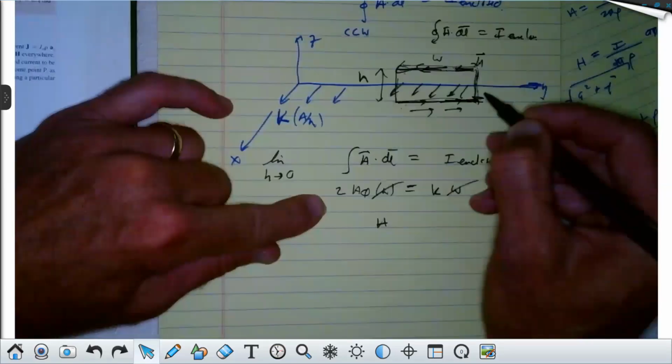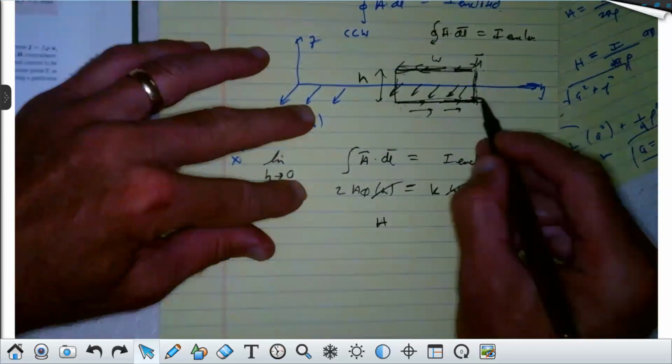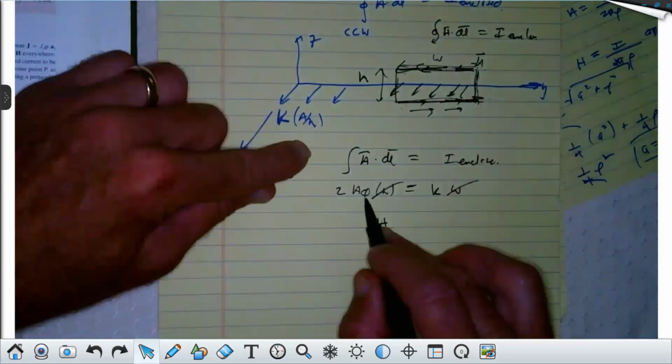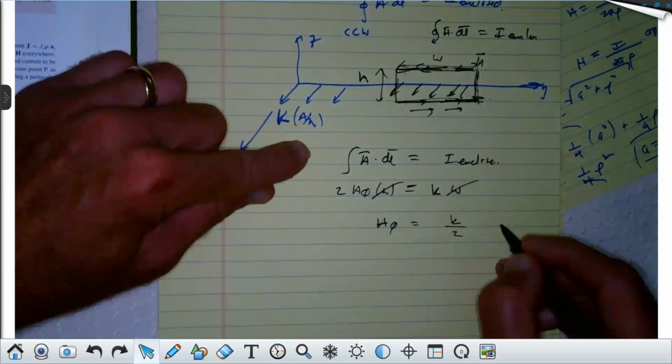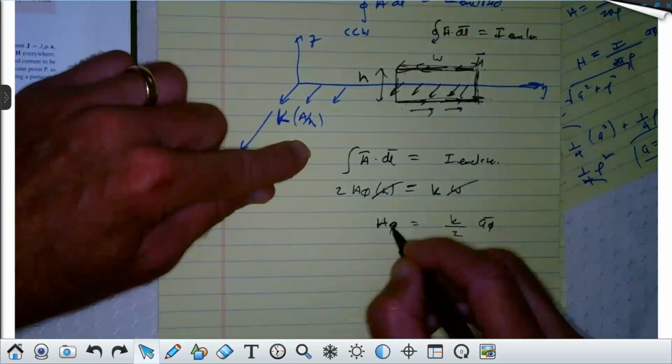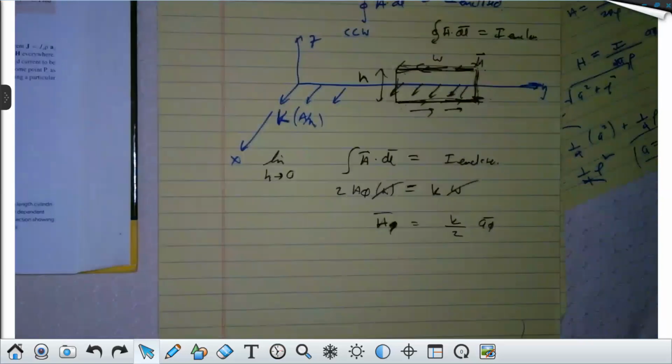So above it, technically it's in the minus Y direction, and below it, it's in the plus Y direction, but I'm calling it A phi. So my H phi would be simply K over 2, and I can put A phi direction, just make this a bold vector. You all follow me on that? So that's how you get the H field from an infinite plane of current.